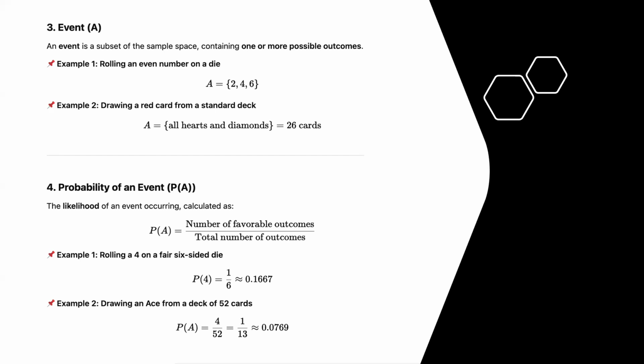Here we are talking about the aces, so only four aces are there out of the 52 cards. Correct answer, Prashant. So the favorable outcome will be 4 and the total number of outcomes will be 52, because we have 52 cards in the deck. So the probability will be 4 divided by 52, which is 0.0769. Any doubts so far?